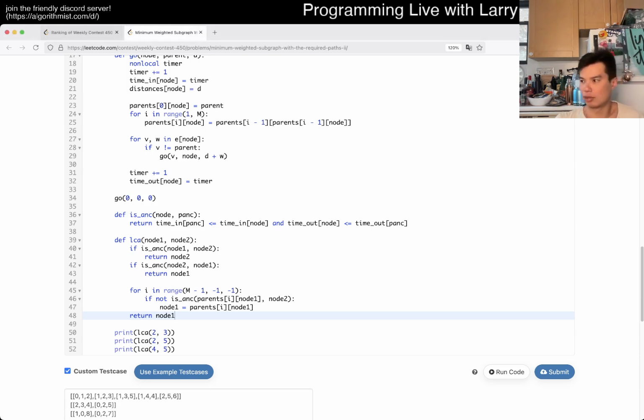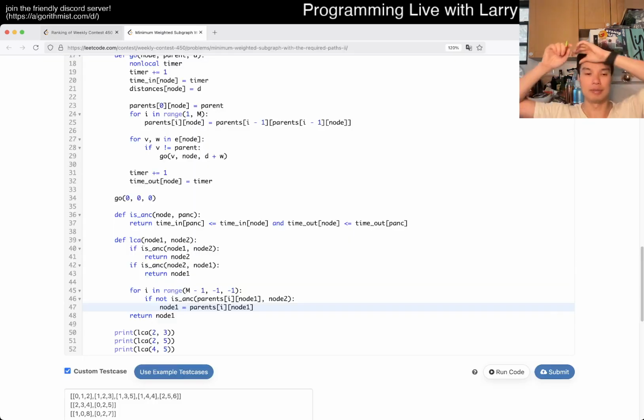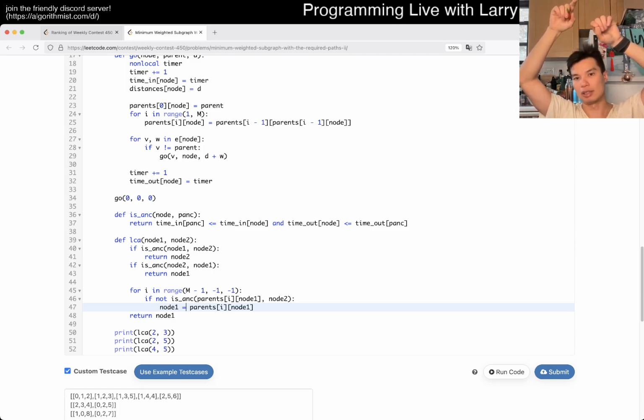Okay, let me think. How much time do I have left? 46 minutes, that's fine. Debugging code that people have a template for is a little bit sad. Okay, so if this is not the ancestor with this step, we have to get it. Okay, that's fine.